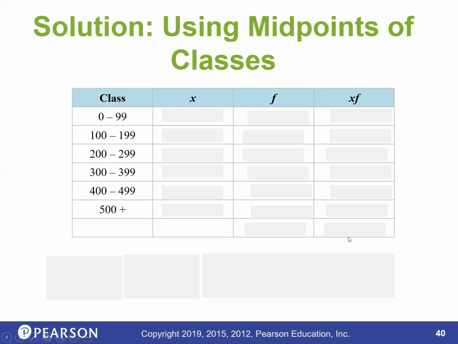Here it is. Your classes are 0 to $99, 100 to 199. Now we don't need to do class boundaries here. That's not the whole exercise. We're just trying to figure out how to get to a standard deviation, the sample standard deviation.